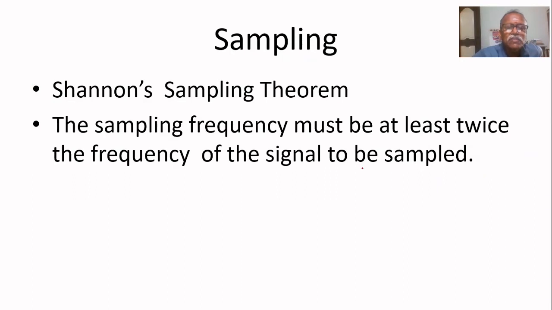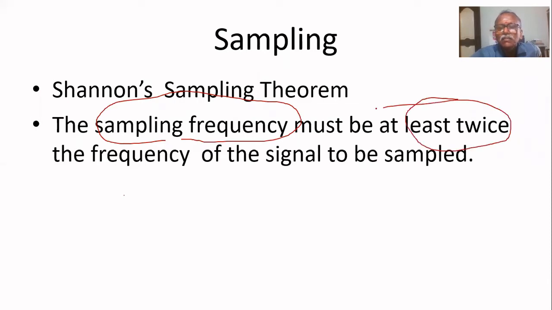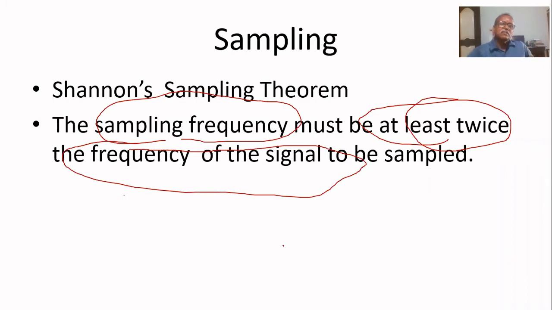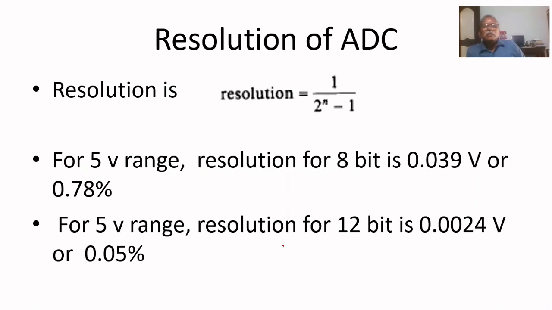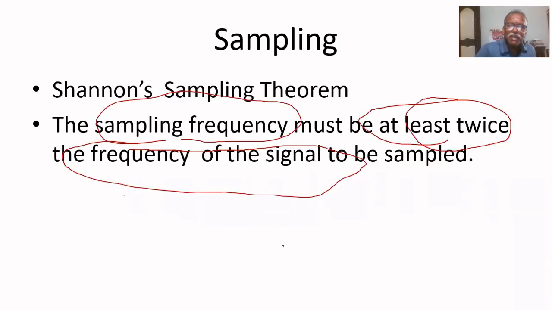The sampling frequency must be at least twice the frequency of the signal to be sampled. That is Shannon's sampling theorem. At least twice. This is the minimum sampling frequency at which the signal is to be sampled to get back the original signal.